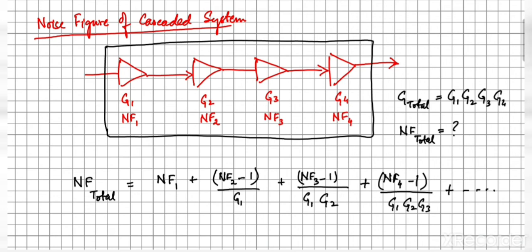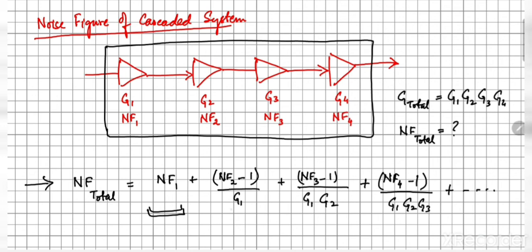The most important property that you can readily see from this expression is that the overall noise figure cannot be less than the noise figure of the first component, which is being added to the total noise to arrive at the total noise figure without any division by any gain factor.